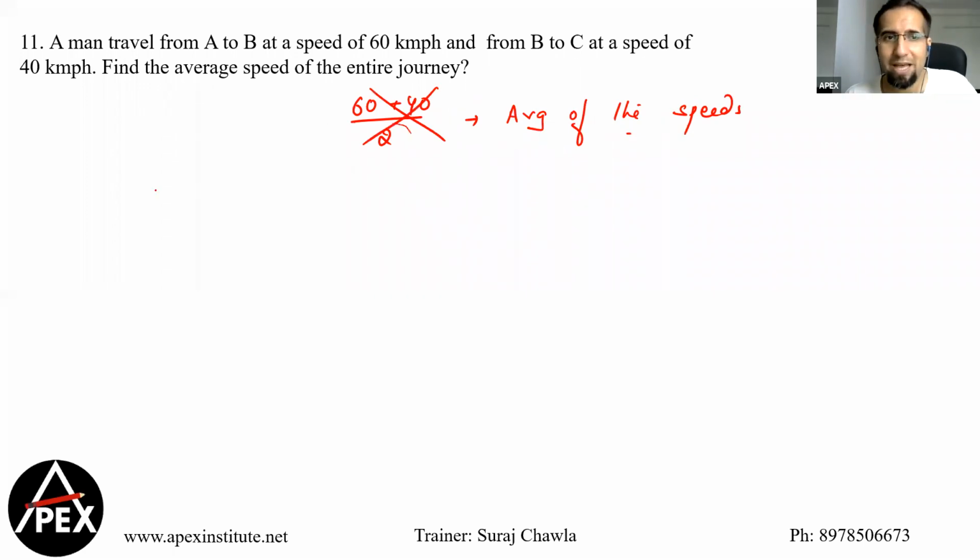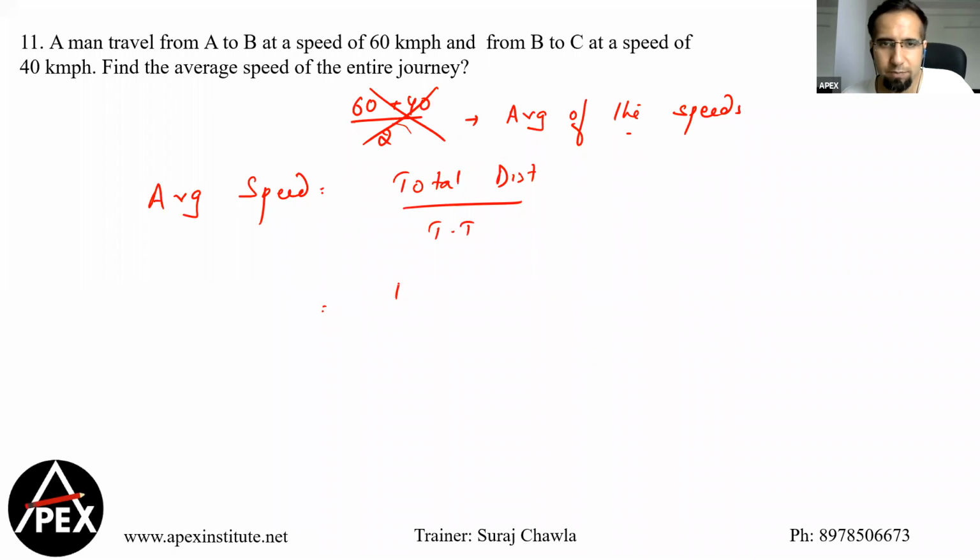So for average speed, I again repeat, the formula for average speed is equal to total distance upon total time. Since I do not know, let's say the distance from A to B is P and the distance from B to C is Q. So total distance becomes P plus Q. P distance is traveled at a speed of 60 and Q distance is traveled at a speed of 40.